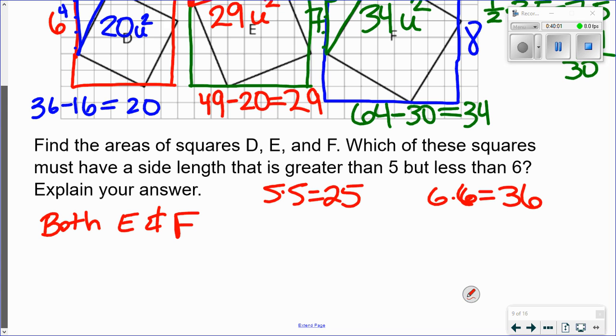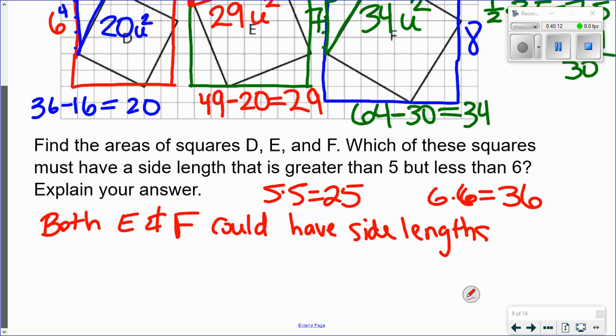D would be too small, right? So both E and F could have side lengths between 5 and 6, right? Based on our math here. Okay, so if you do need to add that to your notes, please do so now.